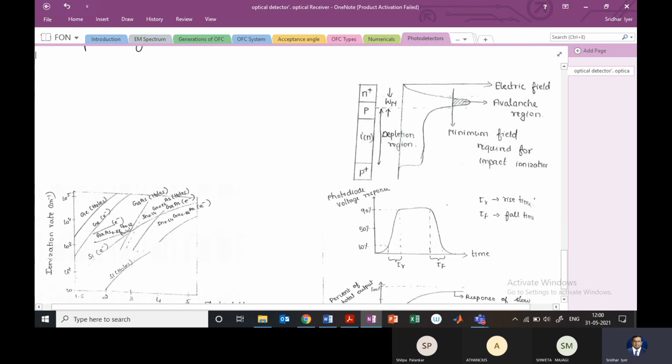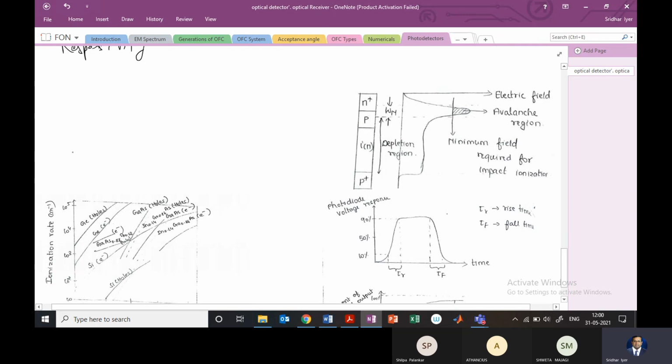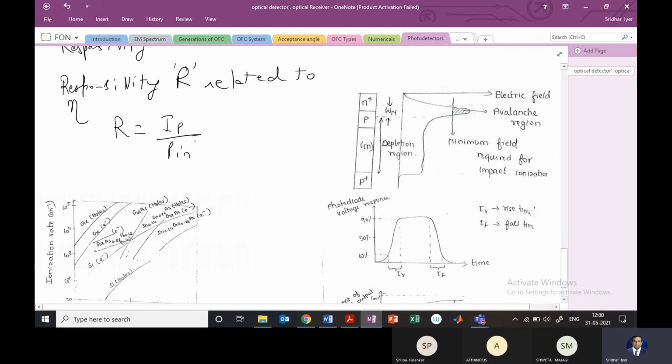the conduction band. Okay. So another way of writing this responsivity, or the response time in general, is you can have responsivity R related to eta, the quantum efficiency, and this is nothing but R equal to IP by Pin, where IP is the photon current and Pin is the input power, and you can have this as eta Q divided by HF.